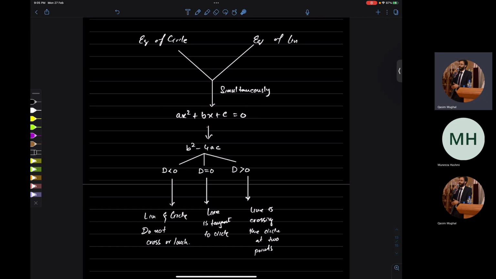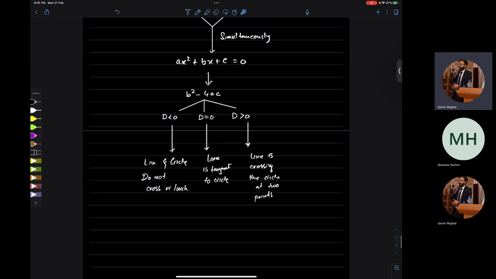So if the question is to prove, then all you have to do is apply the discriminant test, b squared minus 4ac. If it's less than 0, the line and circle do not cross or touch. If it's 0, the line is tangent to the circle. And if it is greater than 0, the line is crossing the circle at 2 points.